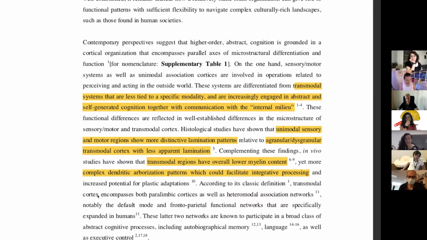In particular, unimodal sensory and motor regions rely on distinctive lamination patterns, while transmodal cortex appears to have a more granular and dysgranular pattern and less apparent lamination.